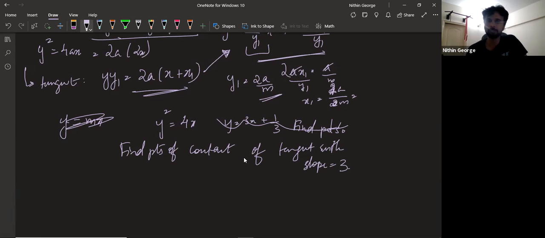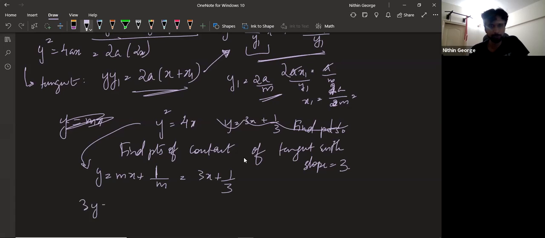If you remember the formula, you can use it directly. If you don't remember the formula, nothing to worry. So first, we'll write y equal to mx plus a by m, where a is equal to 1. That will be equal to 3x plus 1 by 3. So I'll write this as 3y equal to 9x plus 1, removing all the denominators.